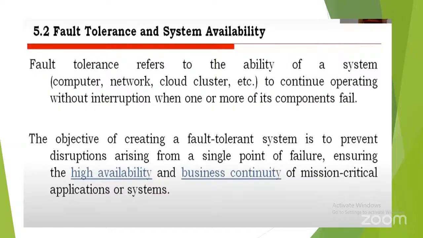So the storage, you are requesting one storage device and unfortunately that crashes. So our cloud services cannot answer from it, but the same service will be provided by getting the same resource from the other side. So the objective of creating a fault tolerance system is to prevent disruptions arising from a single point of failure, ensuring high availability and business continuity of mission critical applications and systems.